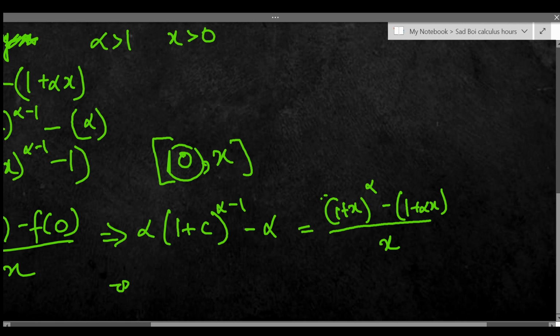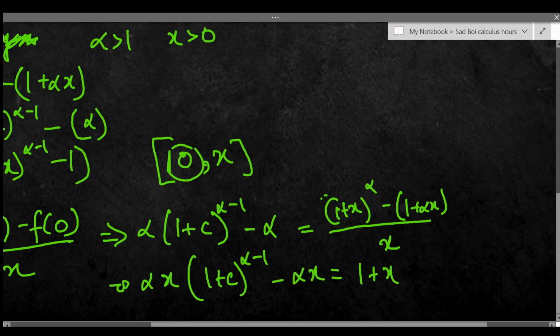So now we have alpha x times (1 plus c)^(alpha minus 1) minus alpha x equal to (1 plus x)^alpha minus 1 minus alpha x. This and this cancel out.